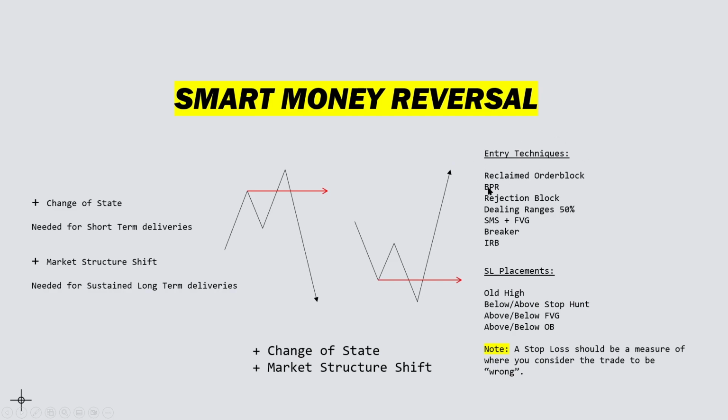So, entry techniques to help you enter at the smart money reversal. I would argue that any of these entry techniques could offer you the low risk sell or the low risk buy. The only thing is that it takes a level of experience to precisely and consistently enter on time, because these moves happen very quickly.